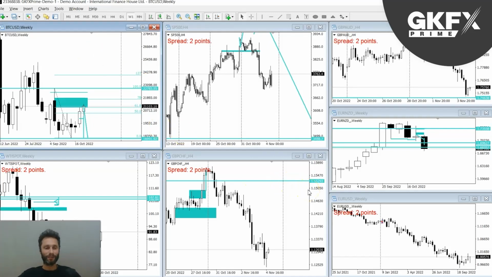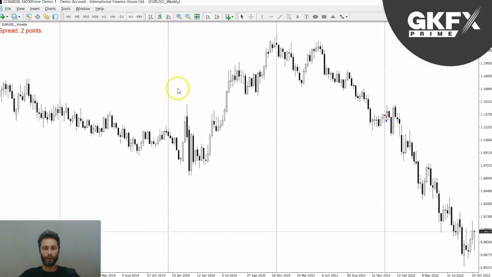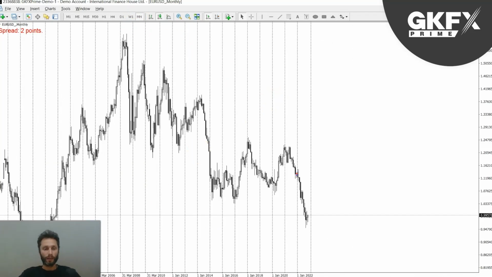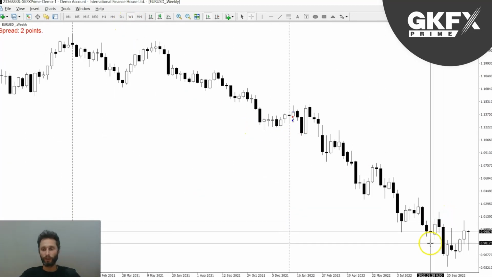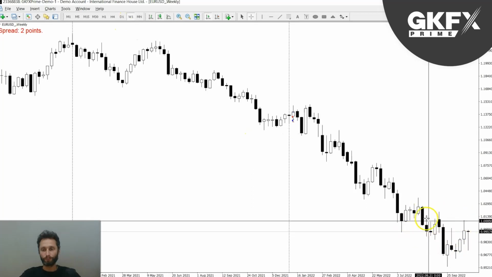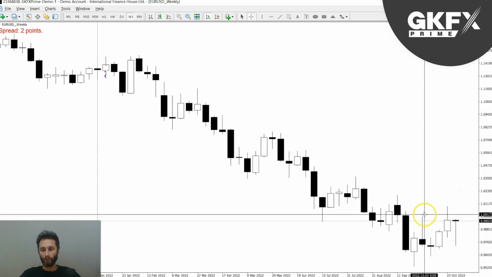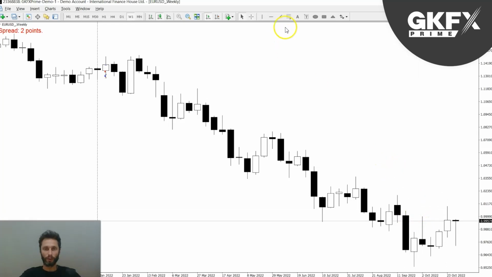I'll start as ever with the major pairs. Let's have a look on the dollar here. Dollar zooming out, euro dollar here. We've got this level down here, the major retracement on the monthly, and on the weekly we have got what looks to be sort of a ranging market and possibly reversing after we've got this high being broken.